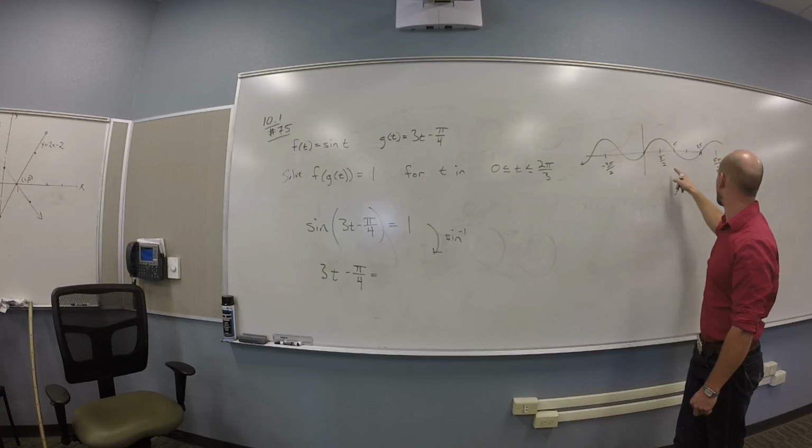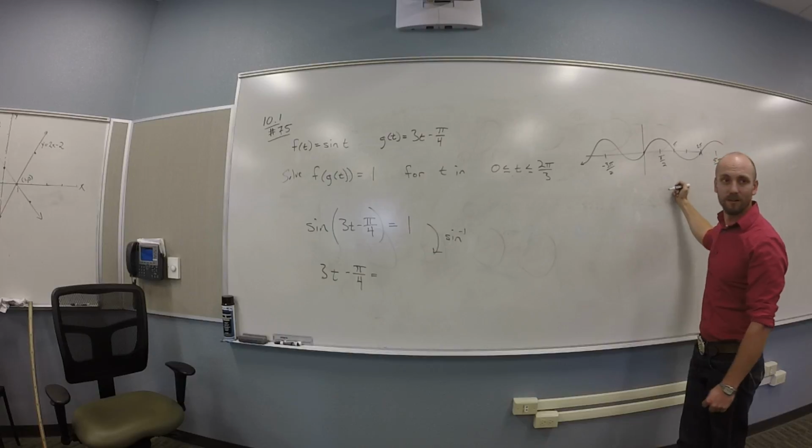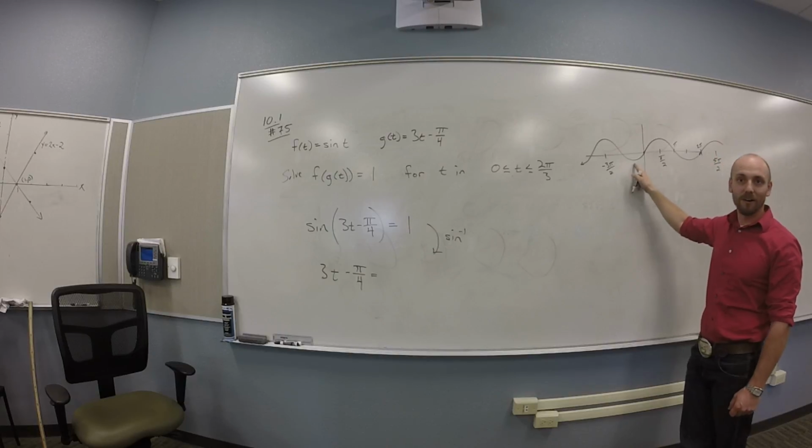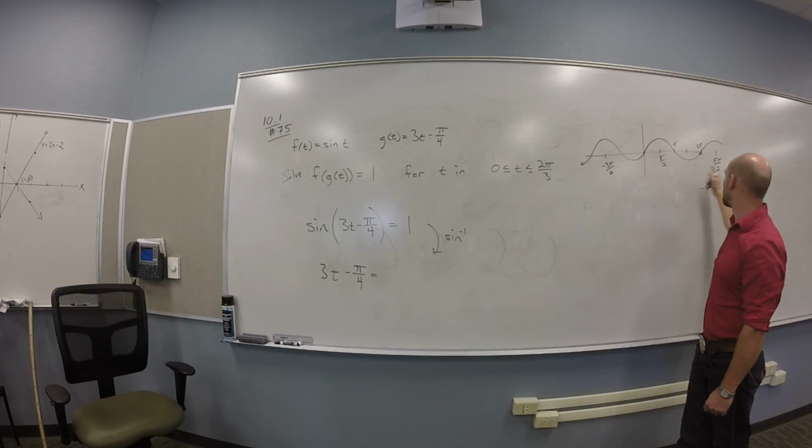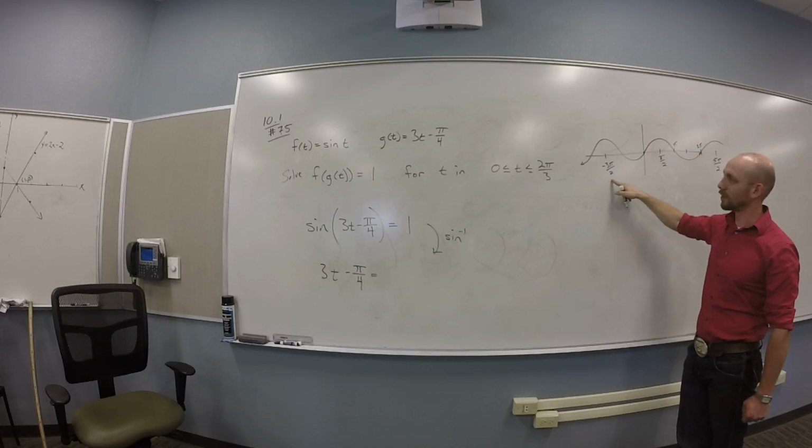Ooh, I lied a little bit, right? Because the odd pi over 2s would be here. You guys see that? So I lied a little. So what do I need? I need pi over 2 plus or minus 2 pi.